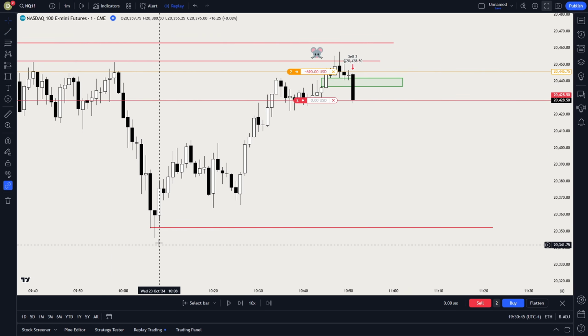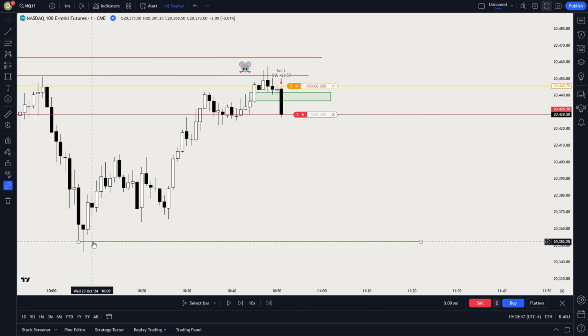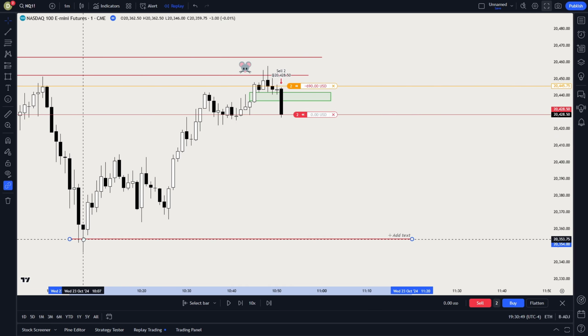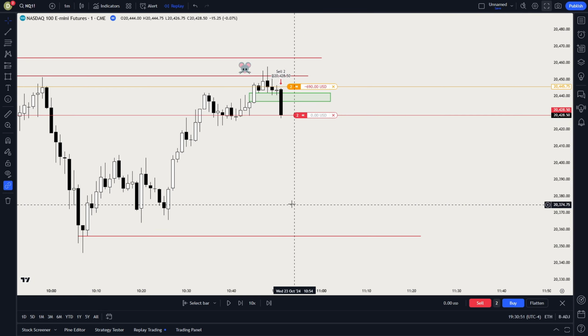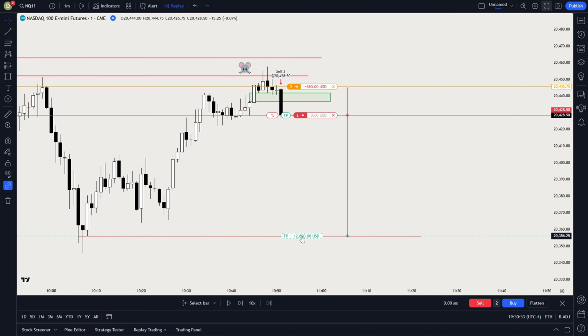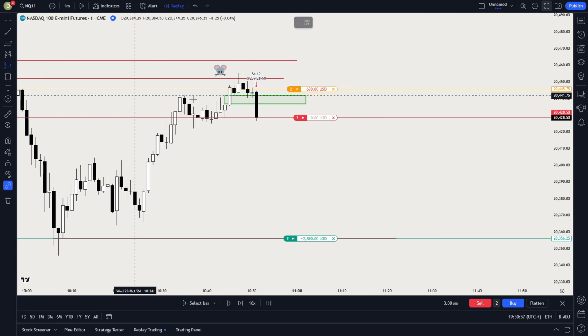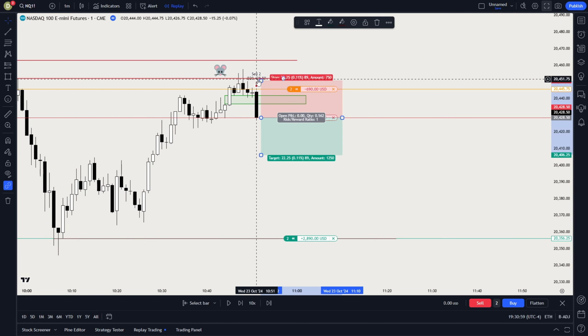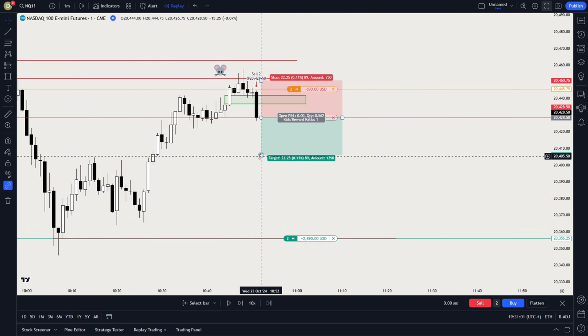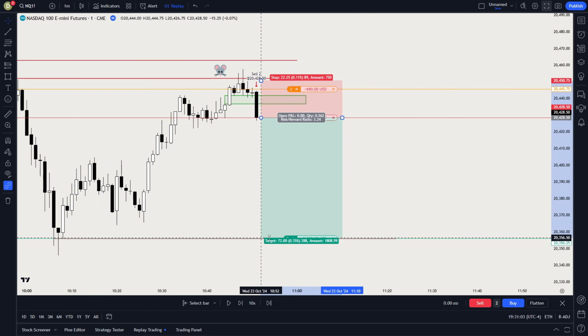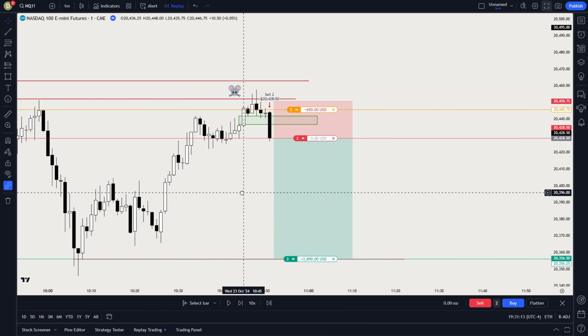Now I could aim for this low, but it's better to be safe and go for one over here or down here. I'll take this one. Still an amazing risk to reward right here. Aiming for about 72 points here.